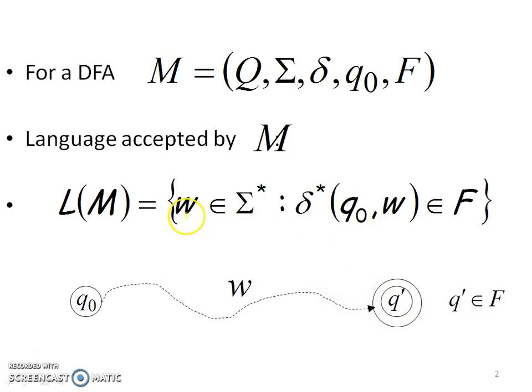It means that given a string W, which is an element of sigma star, that is the input alphabet, and given a transition function delta, if we start from start state Q0 and make transitions for the given input W and reach one of the final states, then this string is accepted by the given language.